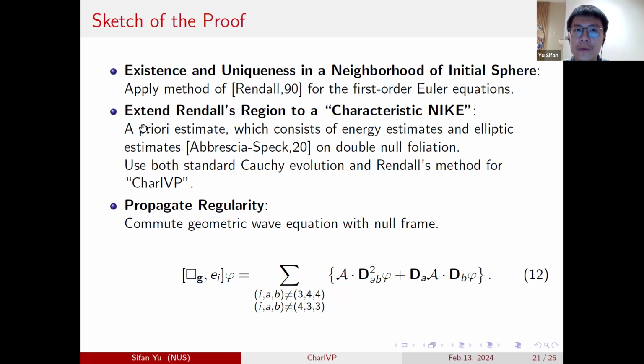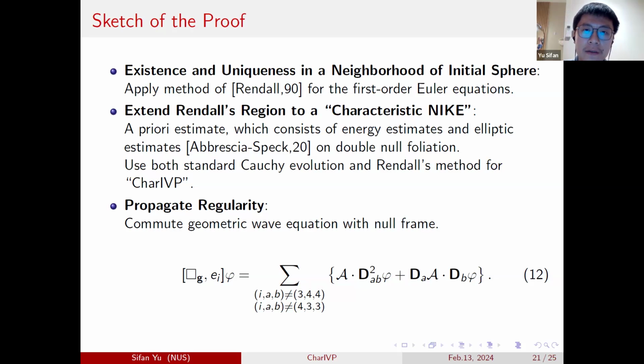Then we want to extend the existence region to a characteristic rectangle. The ingredient we need, first of all, very important, is a priori estimates, which consist of energy estimates and elliptic estimates. The energy estimates are for wave equations and transport equations, and the elliptic estimates deal with the vorticity and the entropy gradient part.